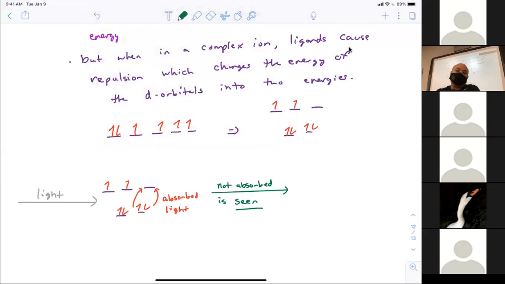It's not like in topic 2 where you energize an atom, like a flame test, and it gives off light. This is not that case. These ions absorb certain frequencies of light and release other ones, and those are the ones you see. So this is that color wheel coming into play.